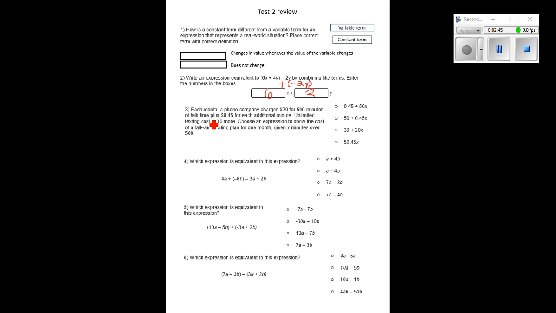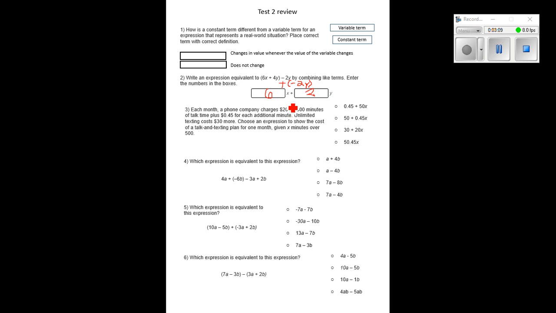Question 3. Each month, a phone company charges $20 for 500 minutes of talk time plus 45 cents for each additional minute. Unlimited texting costs $30 more. Choose an expression to show the cost of talks and texting plan for 1 month given X minutes over 500.